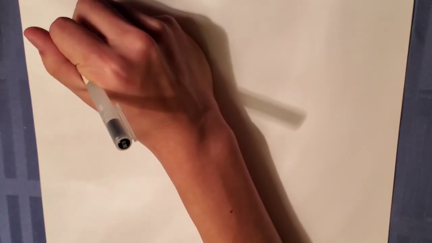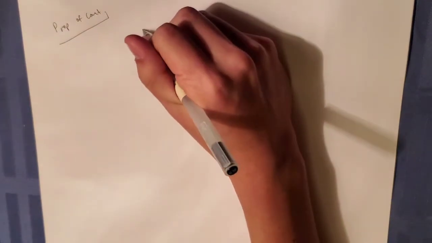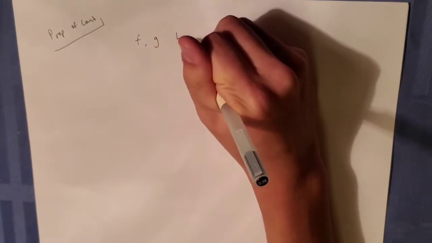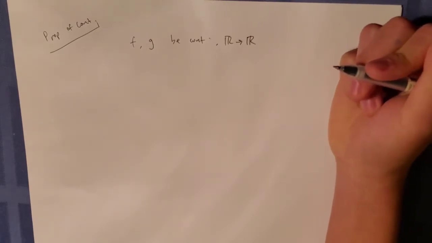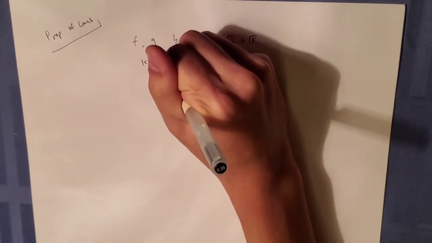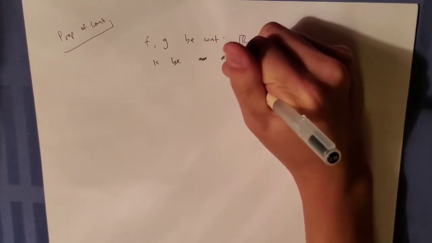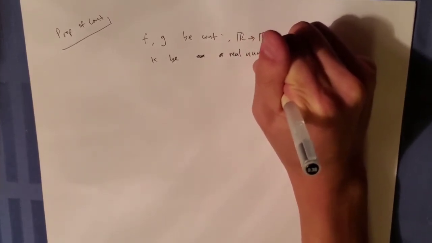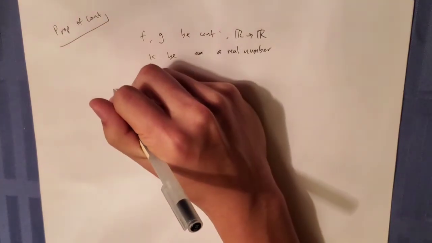Now for some properties of continuity. So, let f and g be continuous and be from the reals to the reals, and k be a real number. Alright, so assuming these, we have that the following are continuous.